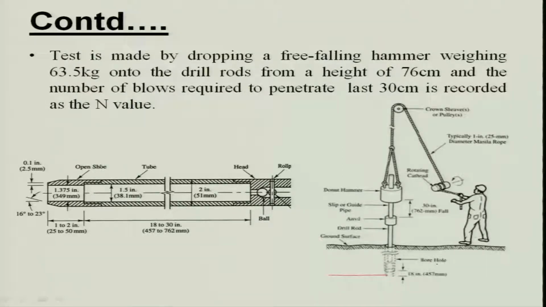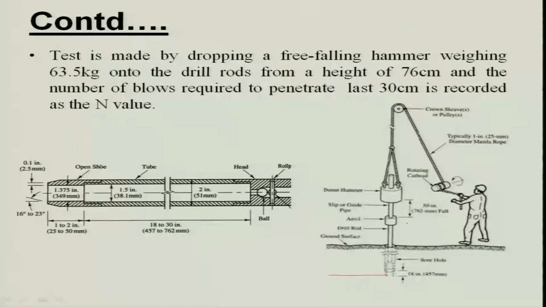Generally, a free falling hammer of weight 63.5 kg, the IS code says 65 kg, drops onto a drill rod from a height of 76 or 75 centimeter, and the number of blows required to penetrate the last 30 centimeter is recorded as the N value.